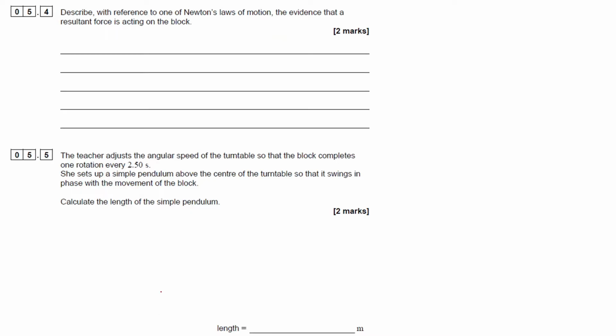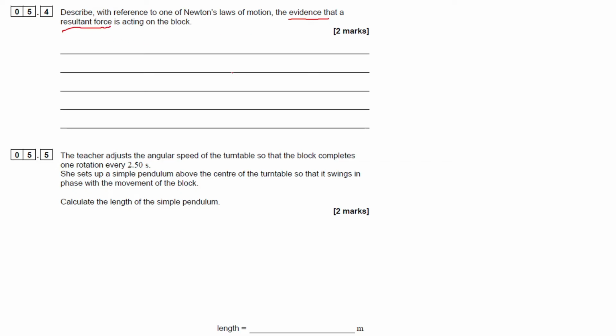In this question, and often when we're asked to reference Newton's laws of motion, it's not enough just to state the law. We have to put it into context with the question. And in this case, the wording of this question is more about the evidence that there is a net force.